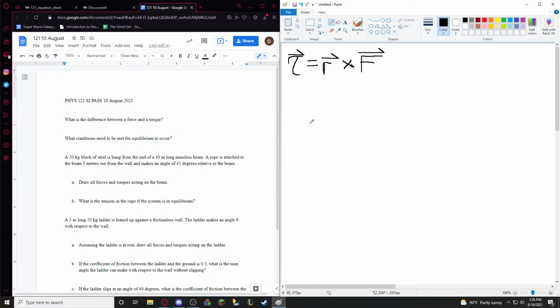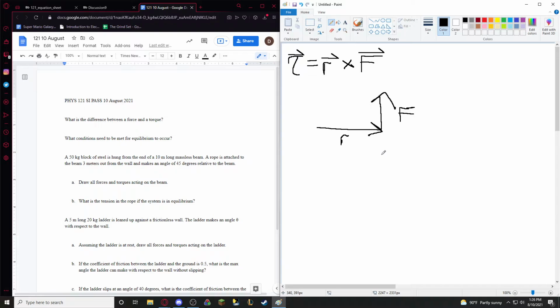For example, if R is out to the right and the force is straight upward, the torque is going to be perpendicular to both of these. So there's two options for the direction of the torque. What are they? Left and down. Left and down are not perpendicular to both of these.